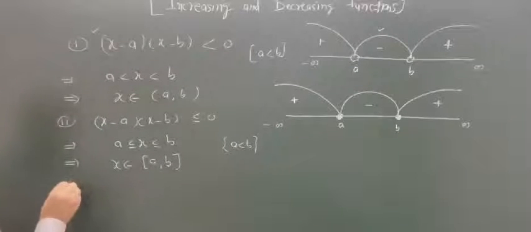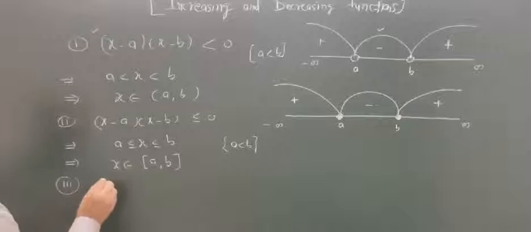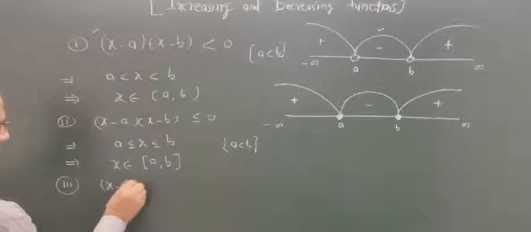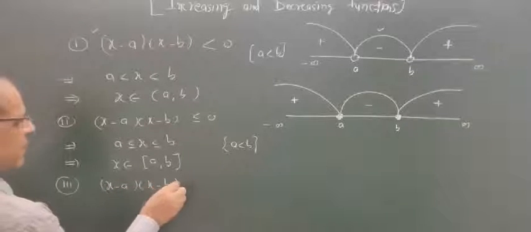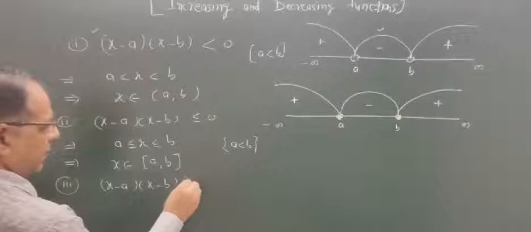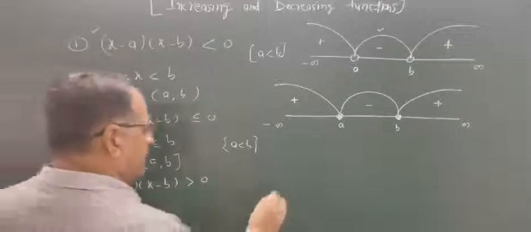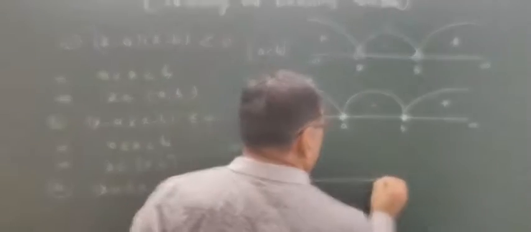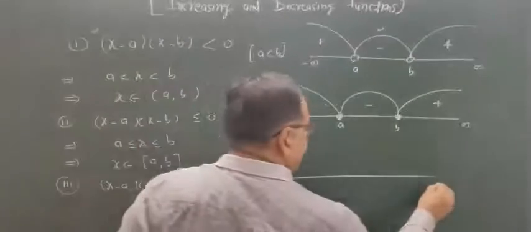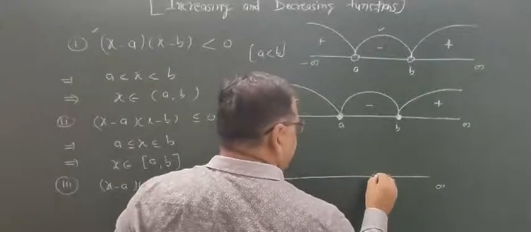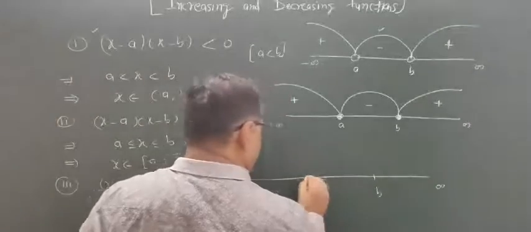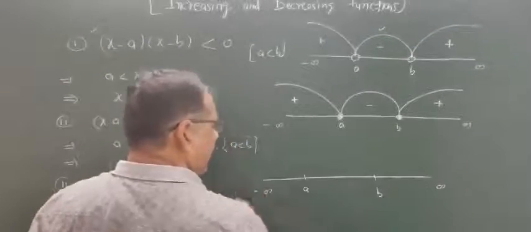Now the third condition I am taking: (x minus a)(x minus b) greater than 0. Now take again a number line, minus infinity, here b, a.